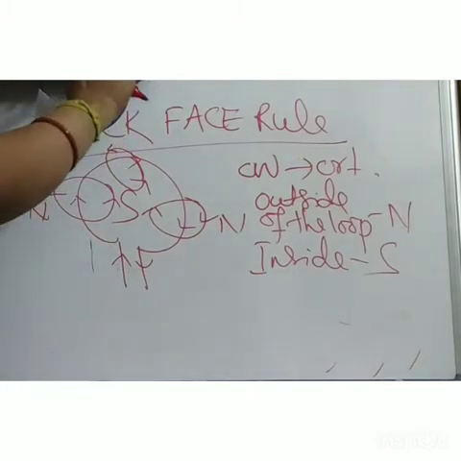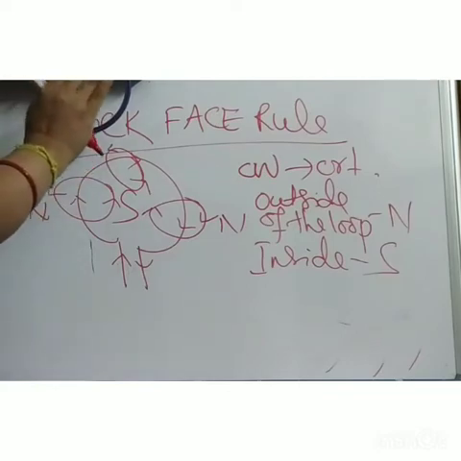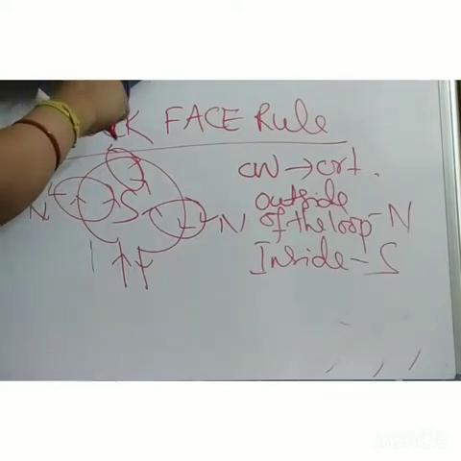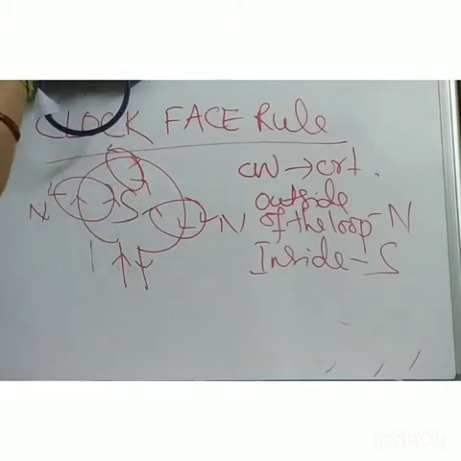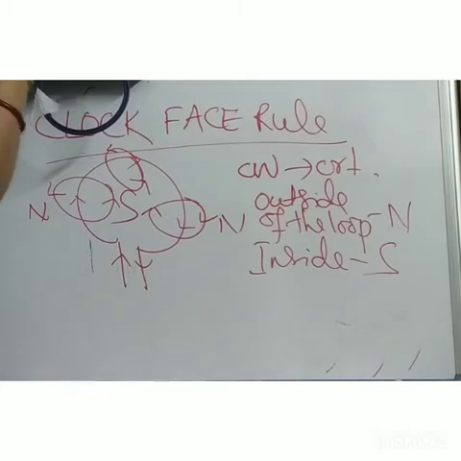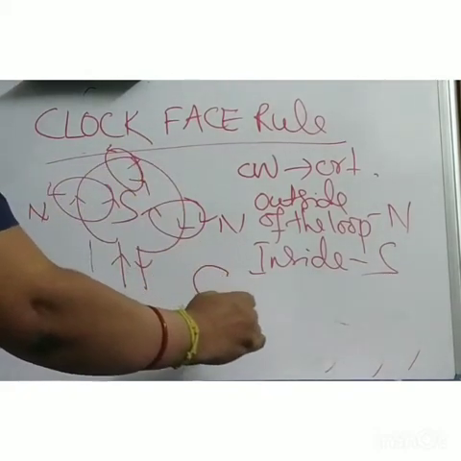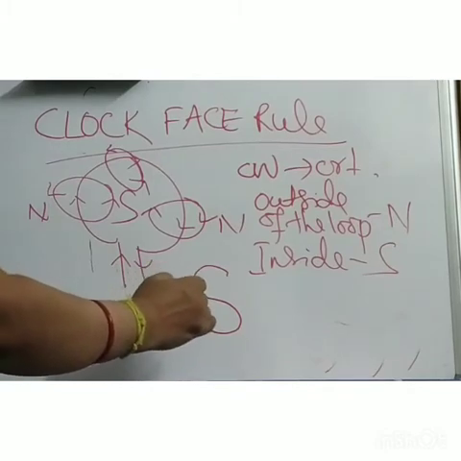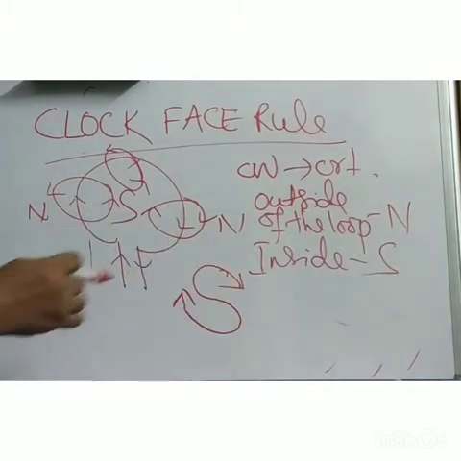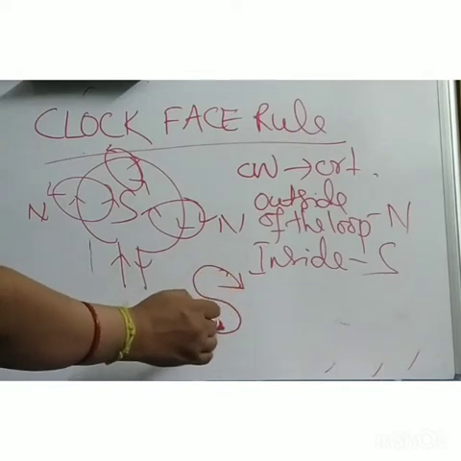At this face, it is now South Pole, because you can see all the magnetic field lines are entering into the circle. Entering into the circle means this face behaves like a South Pole. How to memorize this? Very easy. What is south? South. Now see the arrow mark. See the arrow mark. So now you can see the clockwise.